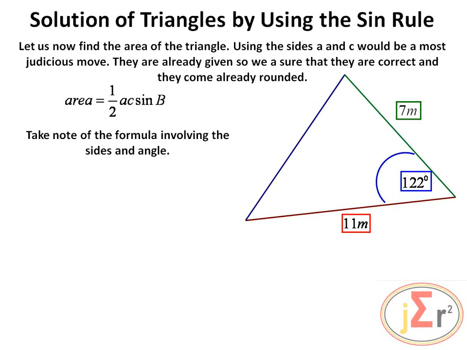And of course, it is not necessary to ask which side is A or C. Remember that the area pertains to two sides of a triangle, and that can be any two sides, but the angle must be the angle that those two sides form, and we are using it right here.